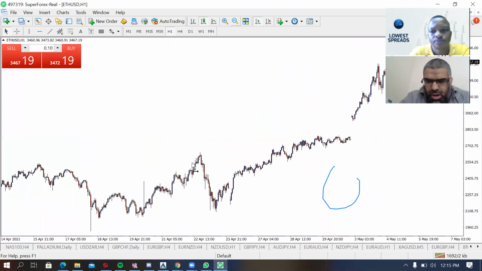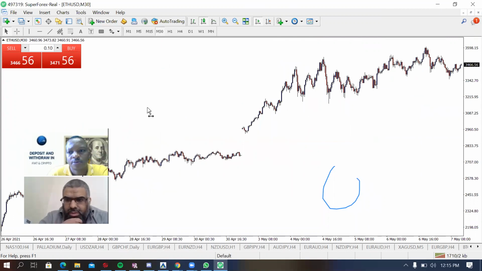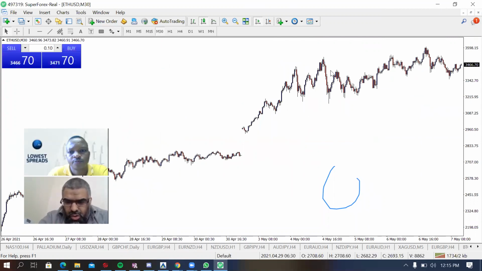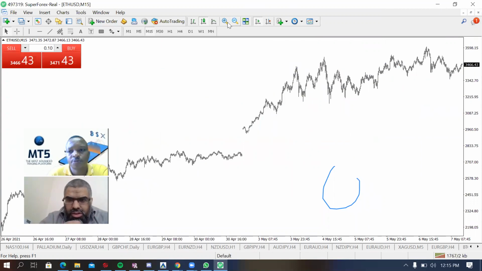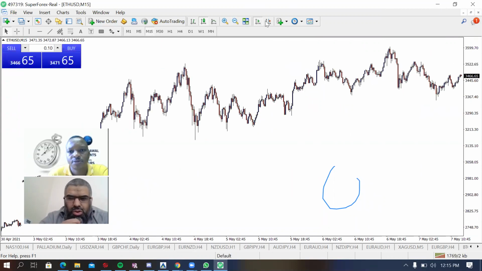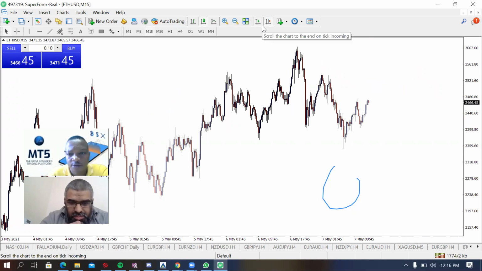It's like Bitcoin. It's made the highest high, which is over 3,000. Is it paying as Bitcoin does? No, it's not paying that much, but it is paying quite a lot.